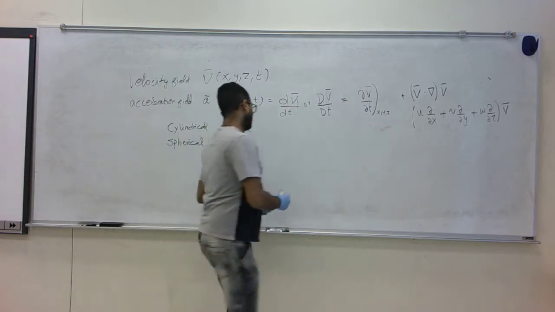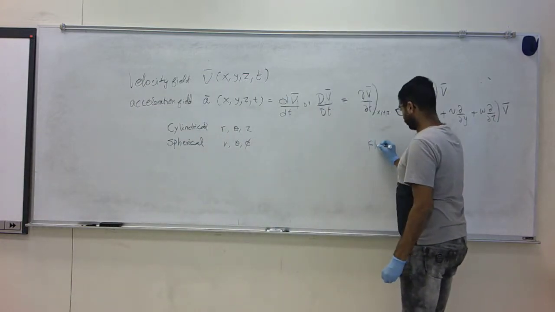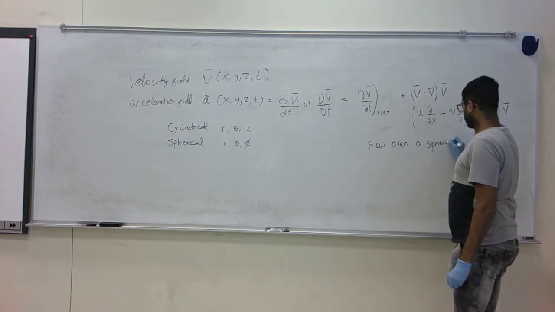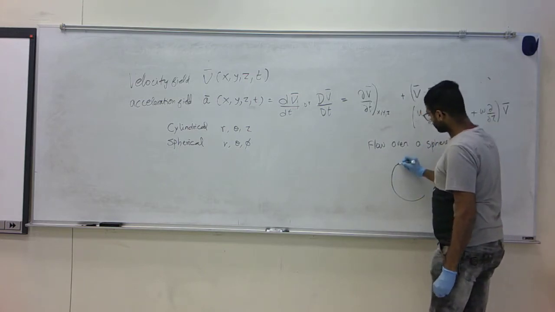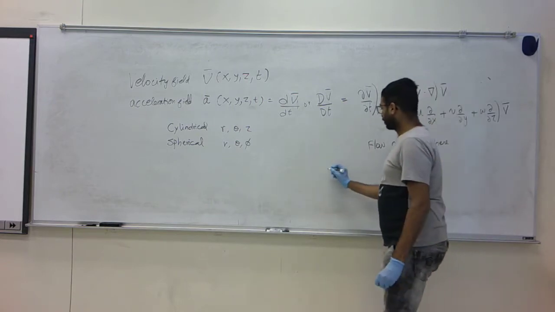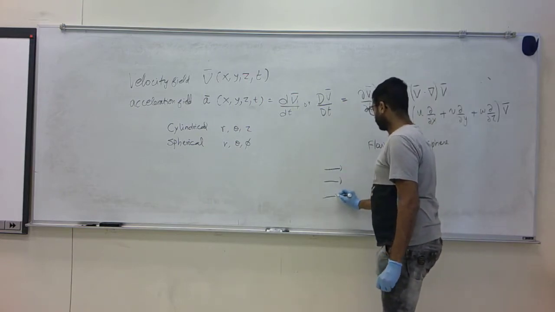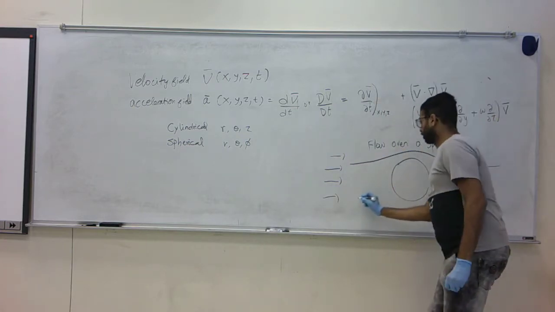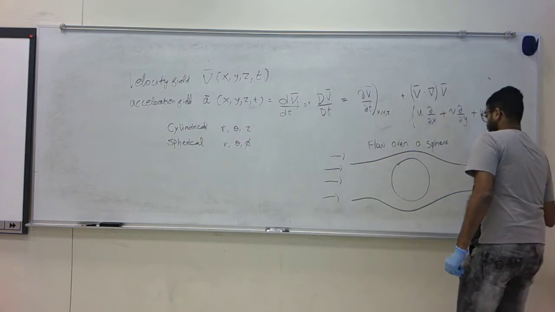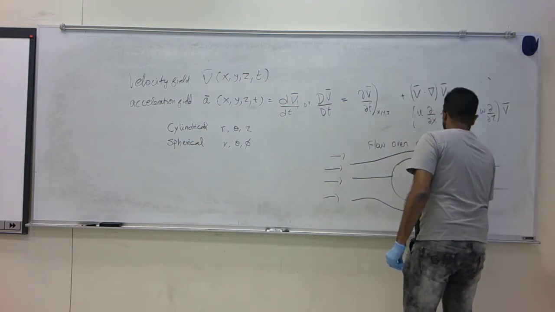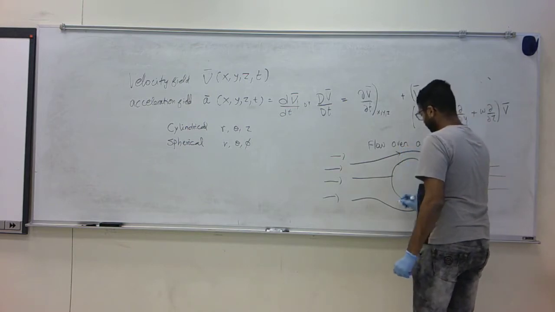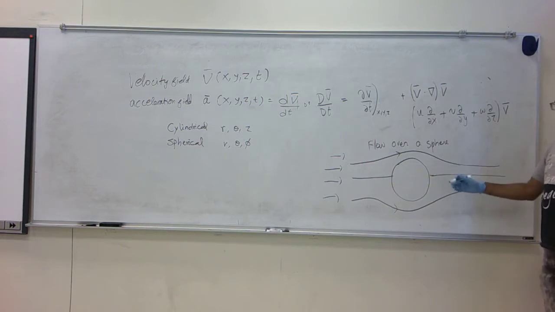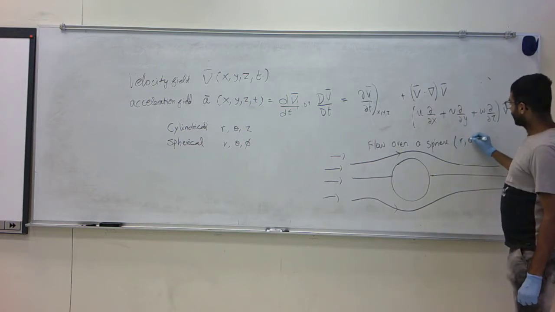Like for example, if you are thinking about the flow over a sphere, here is a sphere, and you have the flow coming in from the left, and the flow going past the sphere. The obvious coordinate system to describe a problem with spherical symmetry would be the spherical coordinate system.